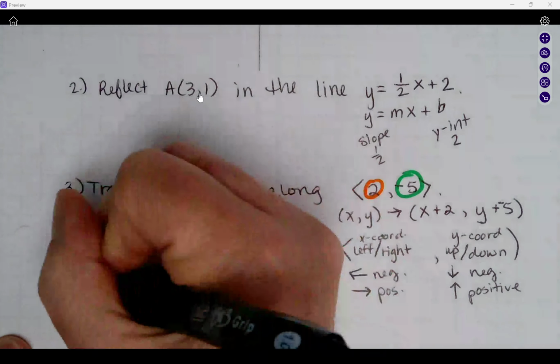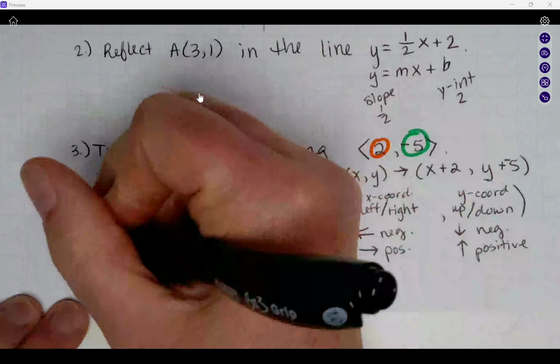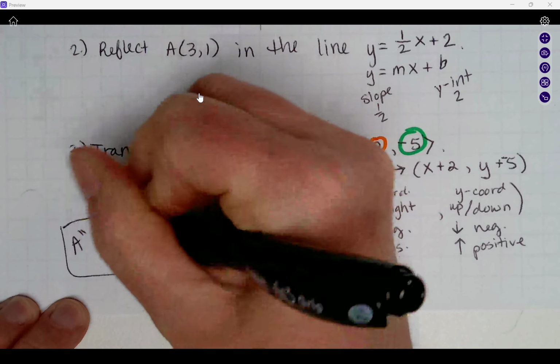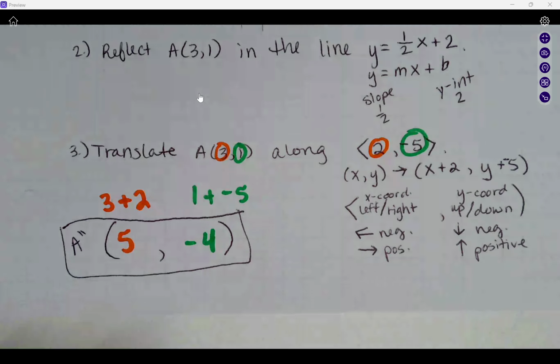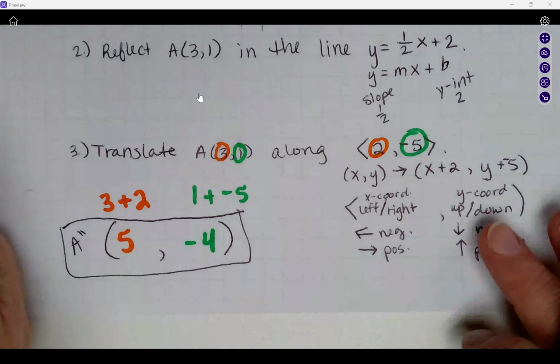You can see here that that point would have ended up being 5, -4. So I don't care what approach you take. I don't care if you use counting in the graph. I don't care if you add your components together. It's whatever works best for you. Okay.